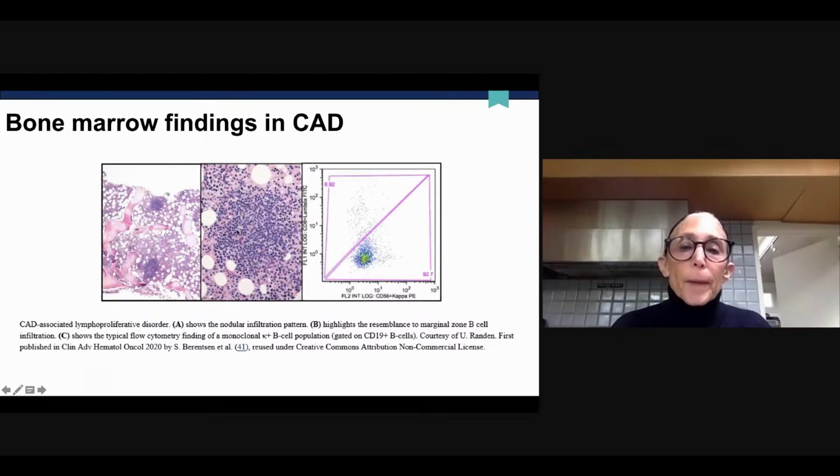There's this lymphoid proliferation. In these lymphoid nodules, it's not really malignant. It's less than 5% of the marrow, but nevertheless, it appears to be clonal. And so we call it a low-grade lymphoproliferation.